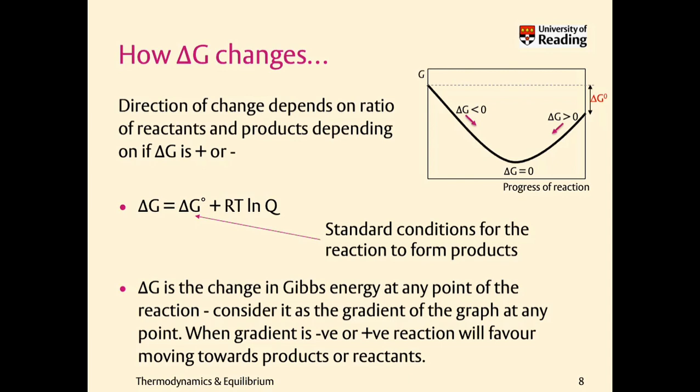And then we will be able to see whether delta G is negative or positive, and therefore the direction of travel for the reaction at that point. We know that the standard change in Gibbs energy to form products is negative for this reaction. And the delta G at any point along the reaction can be calculated if we can determine the quotient at that point using this equation.